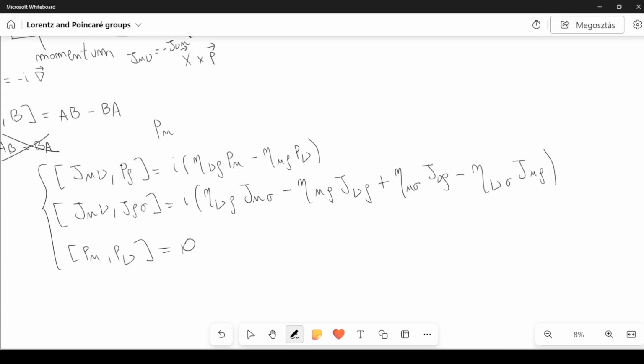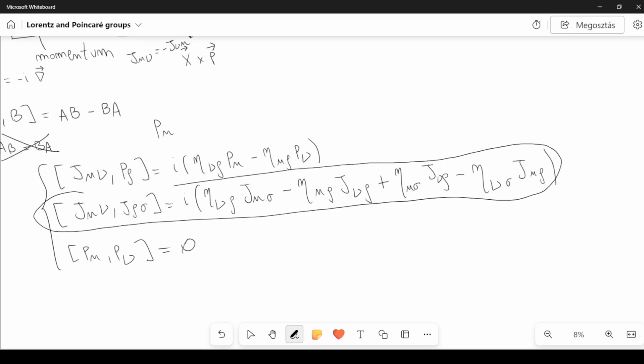So if we are only interested, for example, in Lorentz transformations, we are only interested in this commutation relation here, which describes the behavior, if you want, of our Lorentz group. This is the so-called Lie algebra of the Lorentz group.